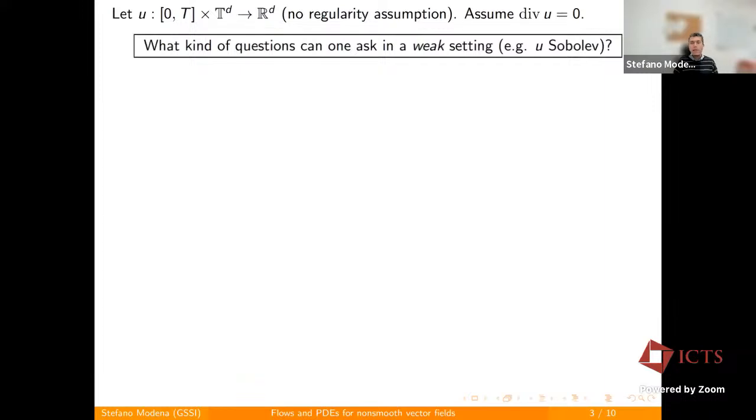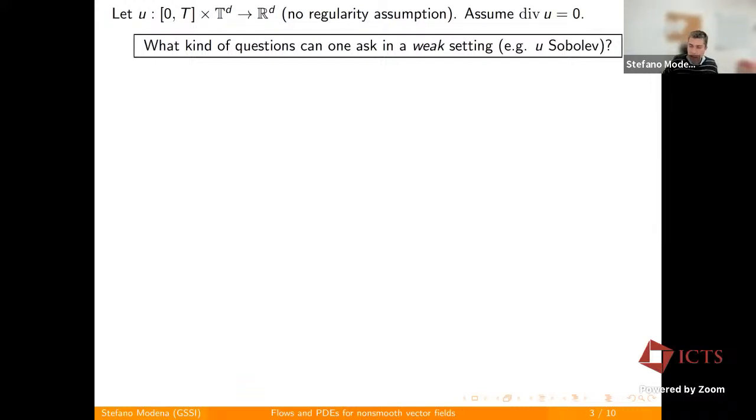And what I want to discuss now is, what kind of questions can one ask in a weak setting? And by weak setting, I will mainly focus on the Sobolev case, not the Hölder continuous case, because even from the classical example that you learn in calculus 1, like x dot equals square root of x, it's pretty immediate that for Hölder continuous vector fields, there is not much that one can do.